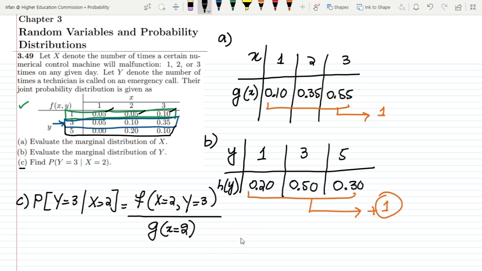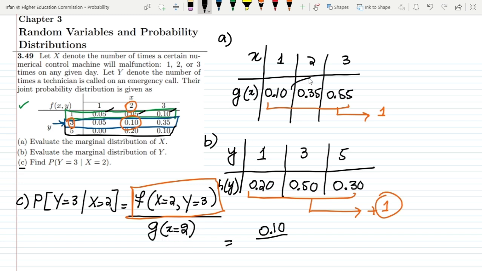Okay, so let me put these values. From where will I get this value? This value can be very easily found out. For x equal to 2, and for y equal to 3, 0.10 is the value I have to put here. And did I find out the value of g at x equal to 2?